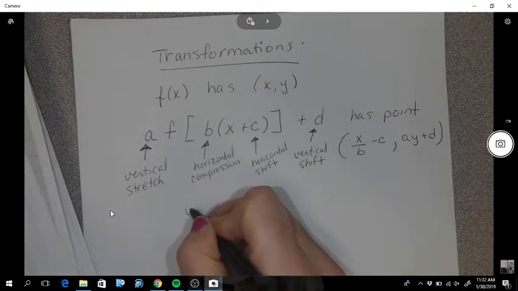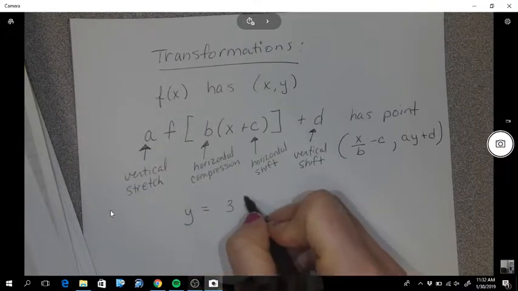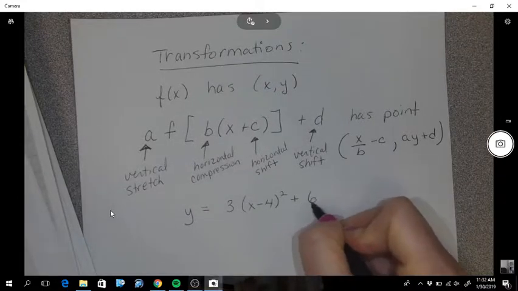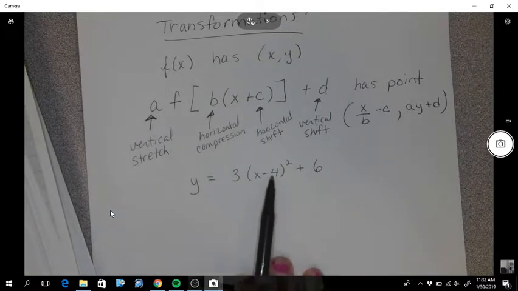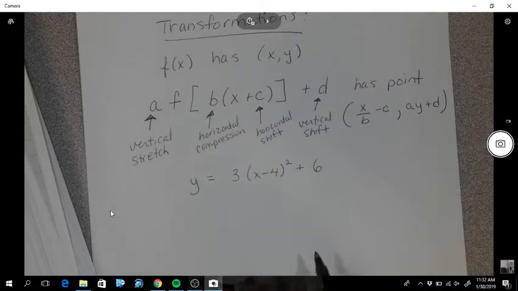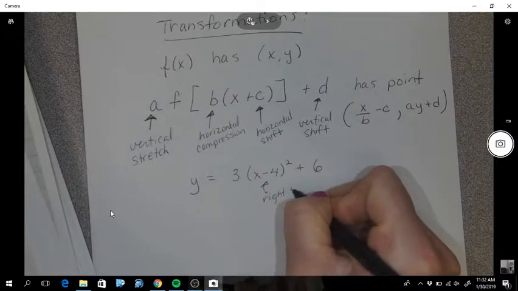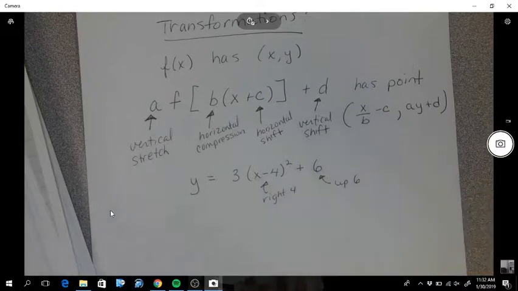So you might have seen an example like this. Okay, so this would have a vertex of 4, 6. So in other words, it moved right 4, and it would have moved up 6.